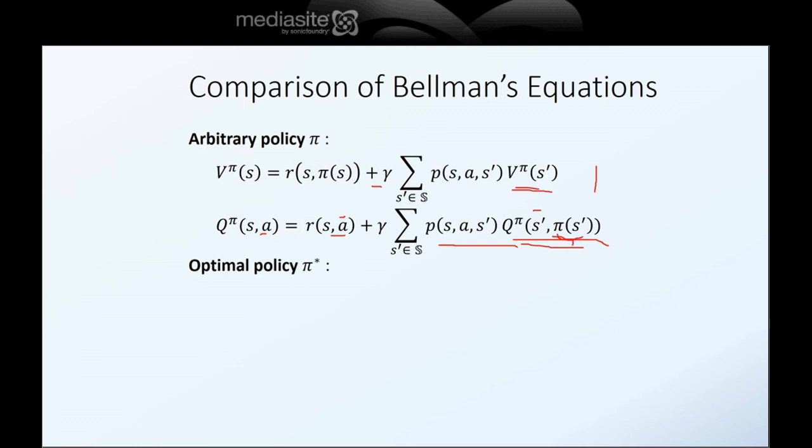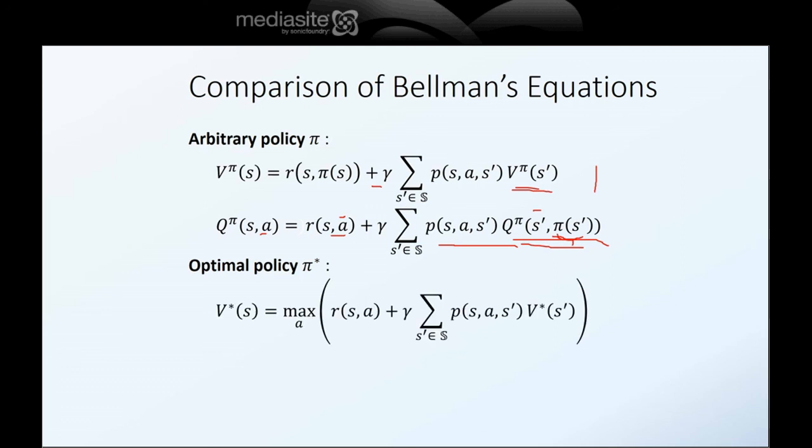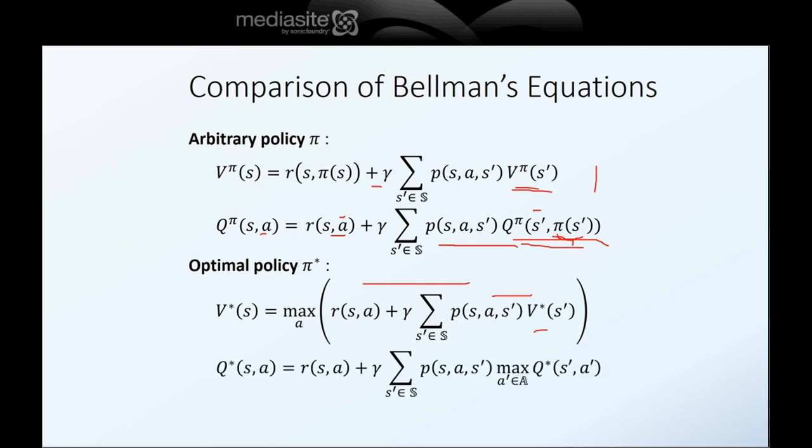Now for the optimal policy pi star, these are what the corresponding equations look like. V star is now max with respect to A of R SA plus discount times the expected value of V star S prime. And likewise, Q star SA is equal to R SA plus gamma times the expected value of the max of the Q star for the next state S prime.